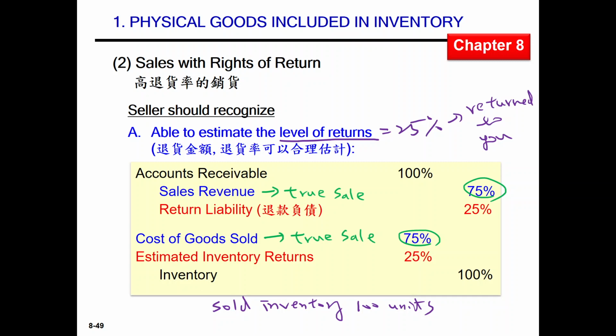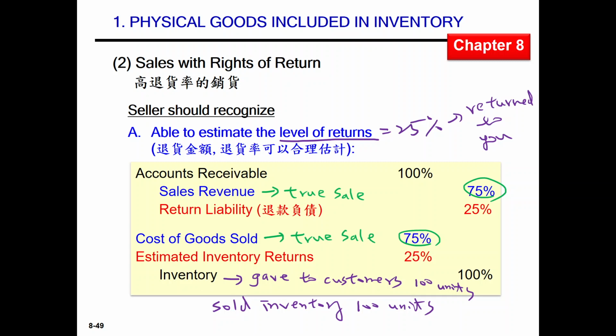Why? Because I gave customers 100 units.